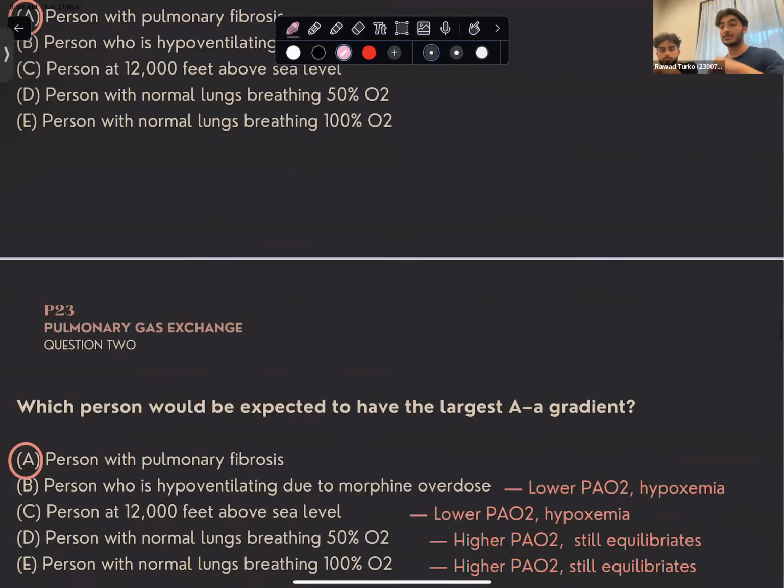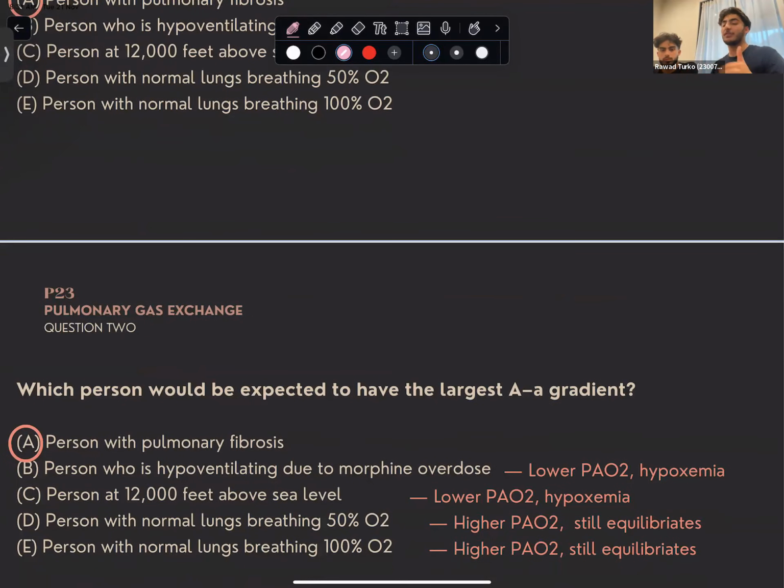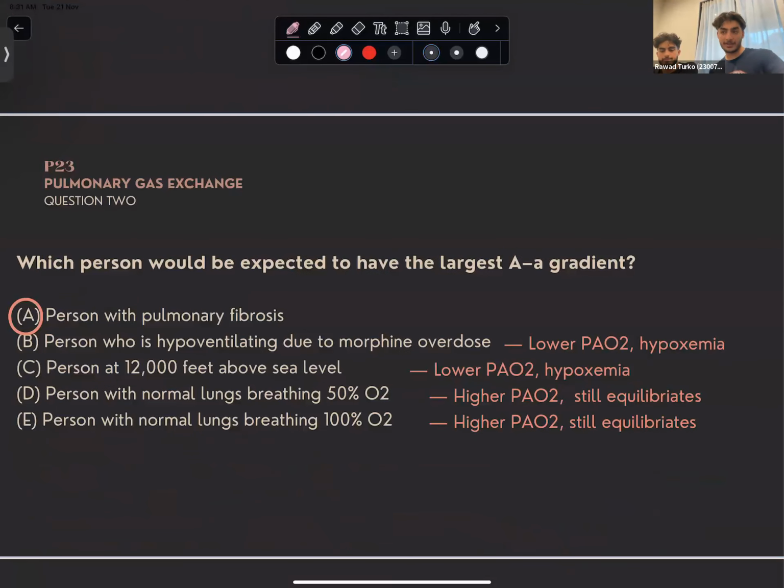One thing that I like to do, and this is what you should do with pretty much every single question you solve, is do the elimination method too. After you get the right answer, or even before, tell yourself, oh, it can't be B because of this. Why? Because a person who is hypoventilating due to a morphine overdose would have decreased arterial PO2, but they would also have decreased alveolar PO2 because they're hypoventilating, right?